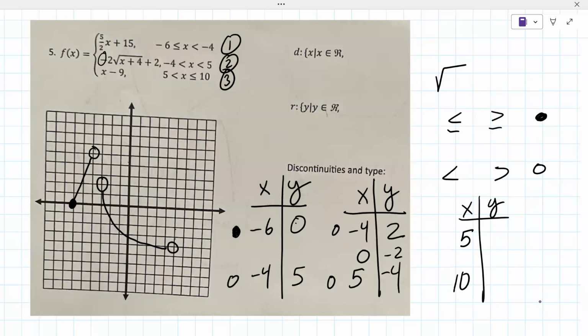So 5 is -4 and 10 is 1. Okay, agreed. Is it an open or closed circle? Open and then closed. There it is. Okay. 5, -4 is actually that same point, still open. 10, 1, there's actually not enough room. 2, 4, 6, 8, 9, 10. So something like that. It is a straight line.